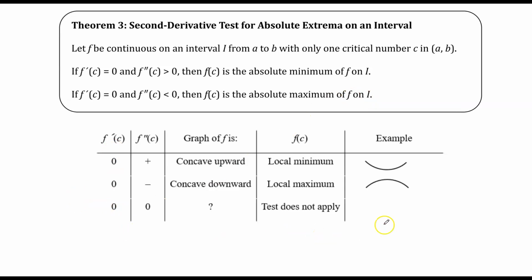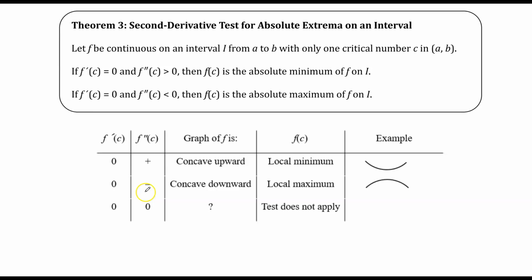Now, this illustrates the theorem. Again, c is a 0 of the first derivative, and if the value of the second derivative is positive, that means the graph of the function is concave upward. So at the point where f prime of c is equal to 0, there is a local minimum.